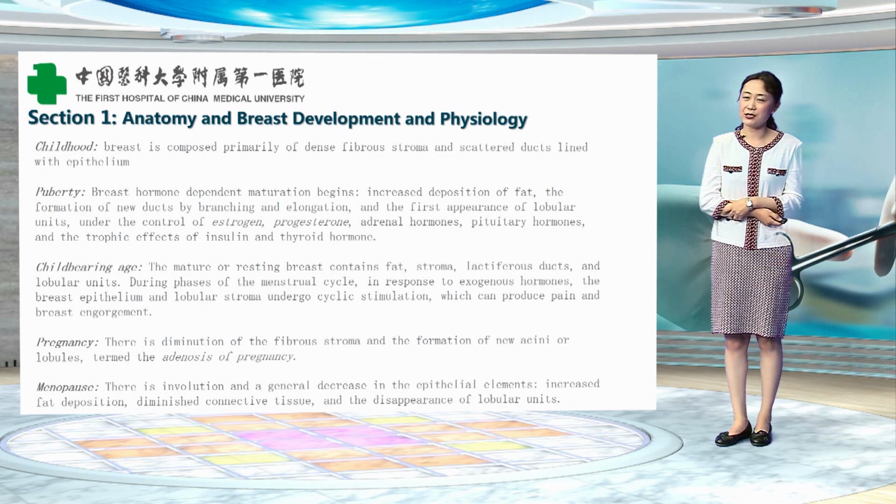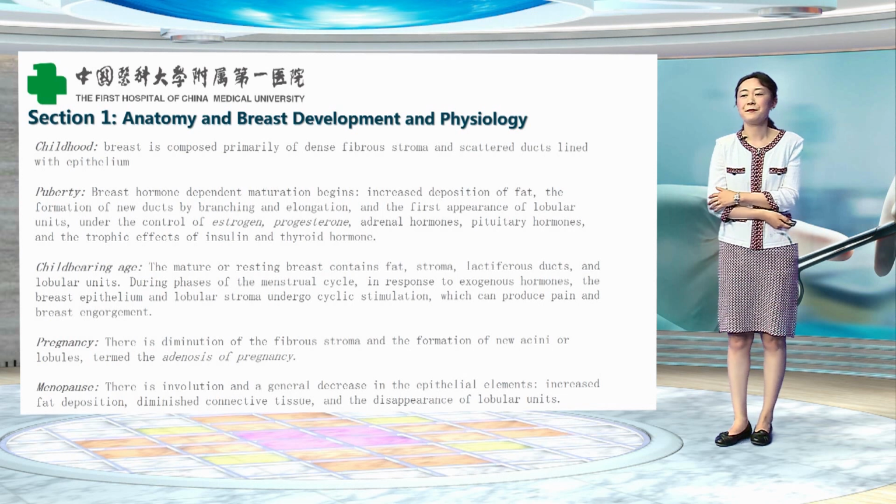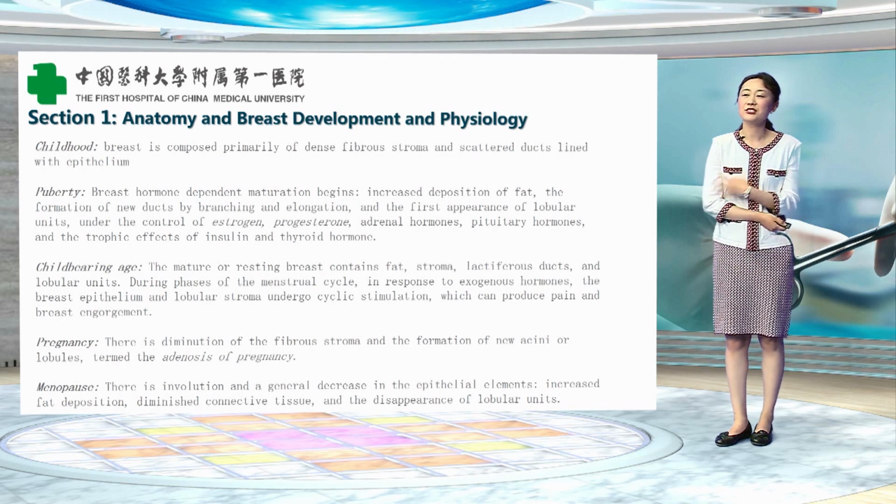In the late luteal phase, which we also call the premenstrual phase, there is an accumulation of fluid and intralobular edema. During this period, women always feel a little edema and pain in the breast, and in the outpatient clinic a lot of people are very anxious about this.